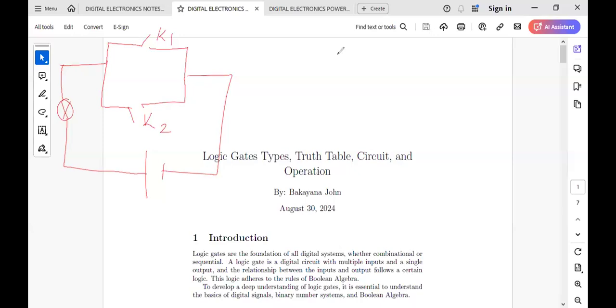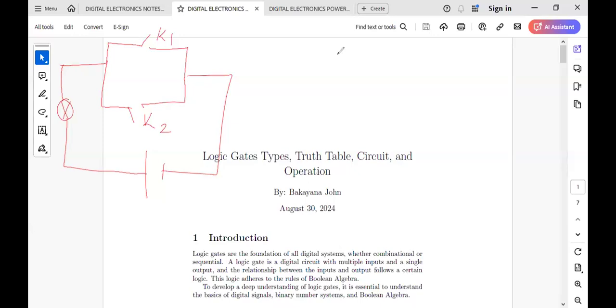Okay, with 3 switches, it is always better that we first deal with the first 2, and then we put in the third one. We shall have an example. Is that okay? Okay, sir.